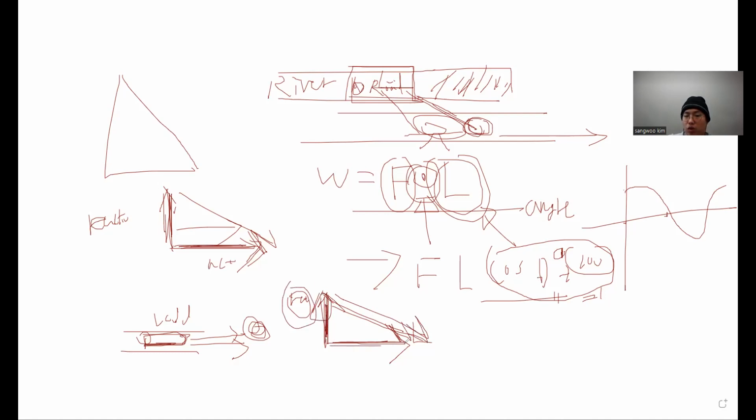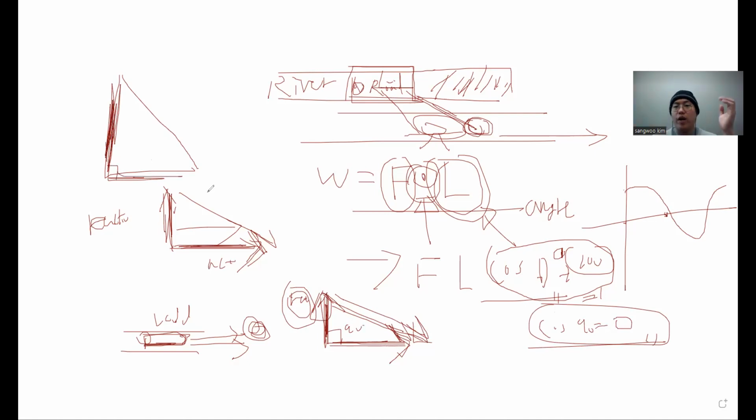Between this part, there's 90 degrees, right? So cosine 90 is 0. So we say this is reactive power, actually 0, which means just the angle differences. But what I wanted to say is it is needed to move this stuff. You know what I mean?